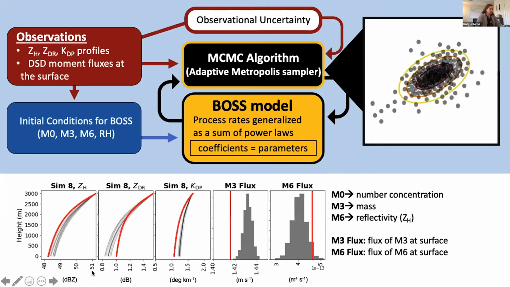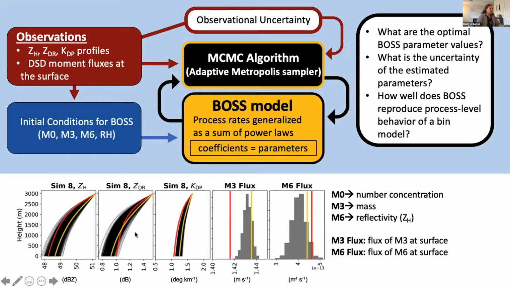As we do this, we're constantly comparing what BOSS produces back to observations, where our observations using this framework are represented by these black lines. As we use this MCMC process, eventually we end up with a nice distribution of potential solutions. And then we can also make a best guess estimate, as represented by this yellow line here.